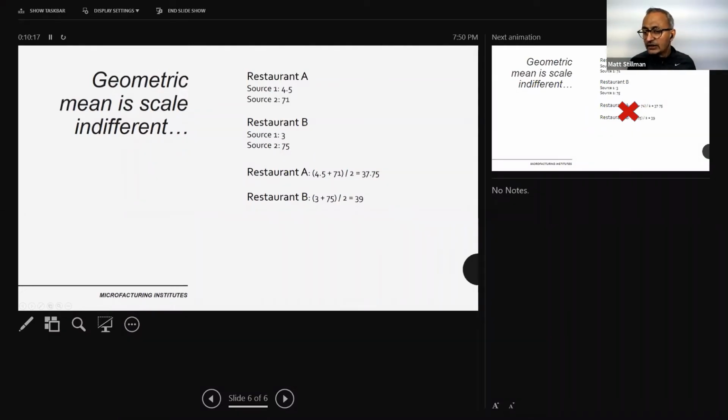But if you look at this arithmetic mean, you will see that it's 37.75 for restaurant A and 39 for restaurant B. So you would automatically conclude that restaurant B has a higher score, and that's why it should be a better restaurant than restaurant A, right? But that is wrong, right? Because if you have two different units of measurement, that means you will probably have to normalize, right?